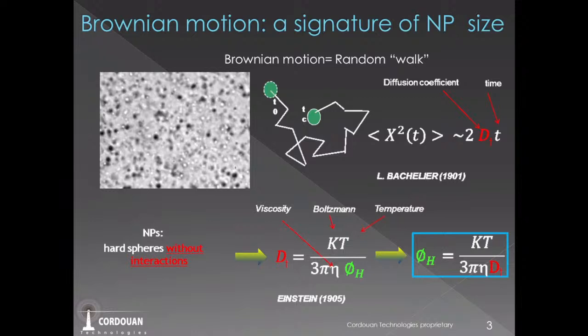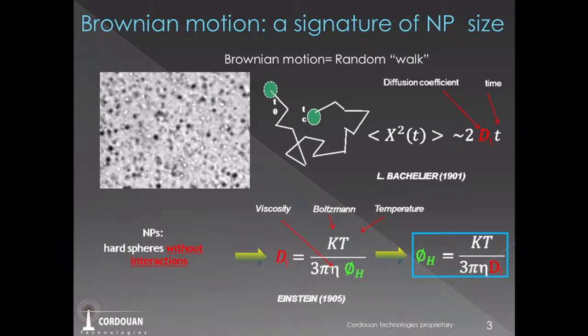Okay. A few years later, Einstein found a very specific formula, what we call the Stokes-Einstein formula, linking this diffusion coefficient to some physical parameters of the colloid, such as the temperature, the viscosity, and the diameter of the particle. So, just to understand very clearly, if the temperature is increasing, then the diffusion coefficient is increasing, so the particle is going to travel a longer distance in the same amount of time.